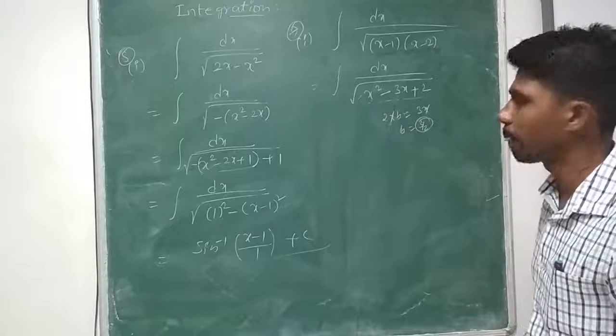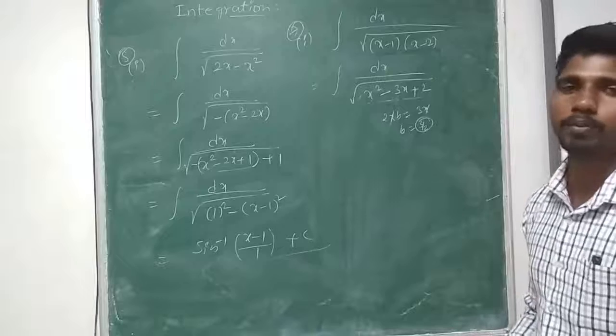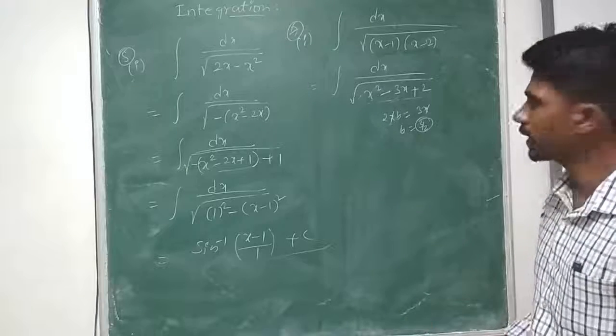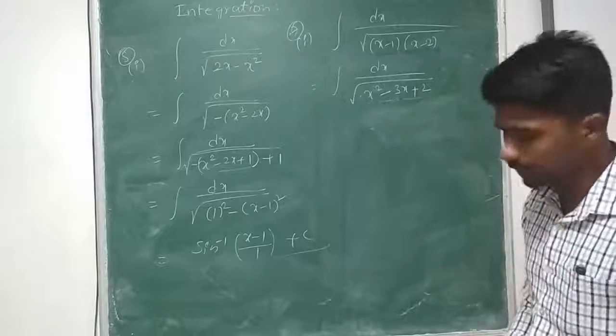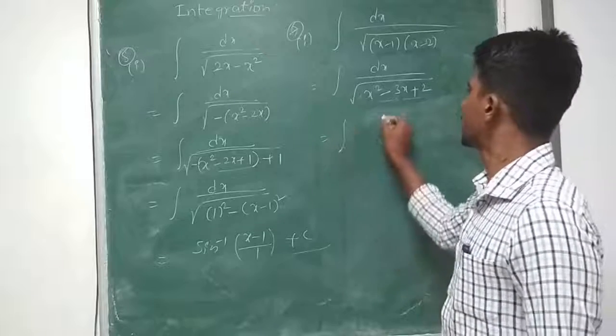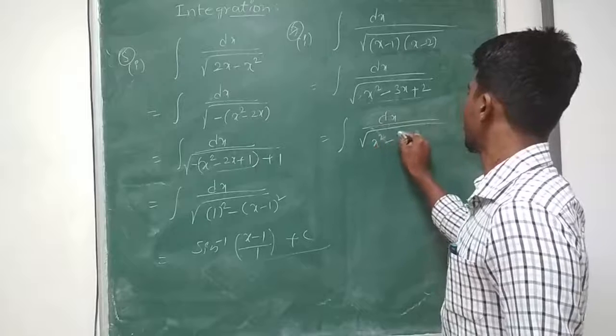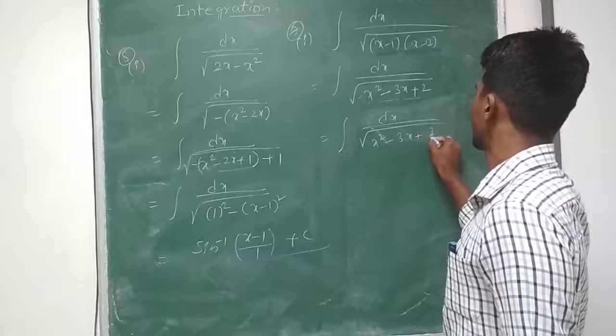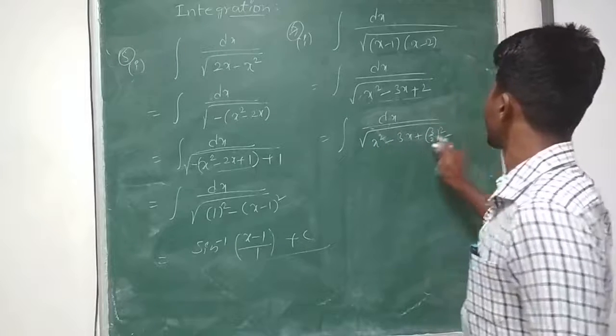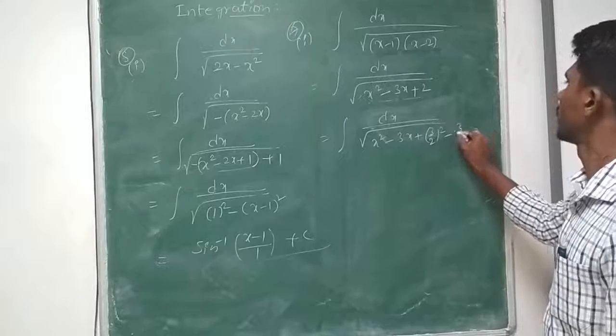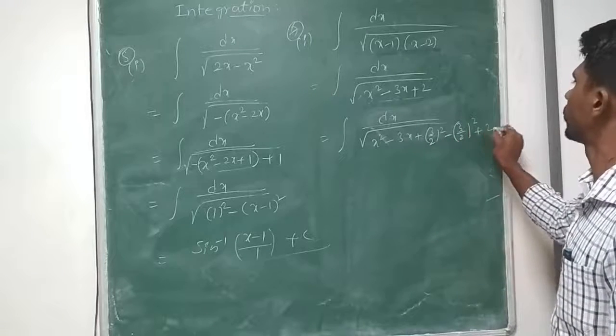So what I need is 3 by 2 whole square. So add 3 by 2 whole square and subtract 3 by 2 whole square. Then it turns to integral dx by root over x square minus 3x plus (3 by 2) whole square minus (3 by 2) whole square plus 2.